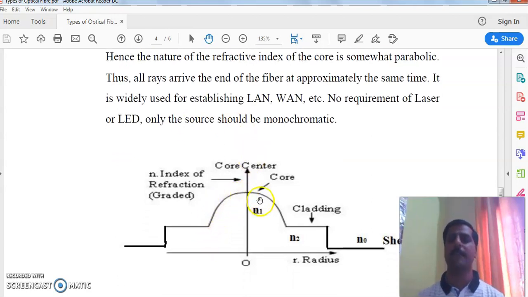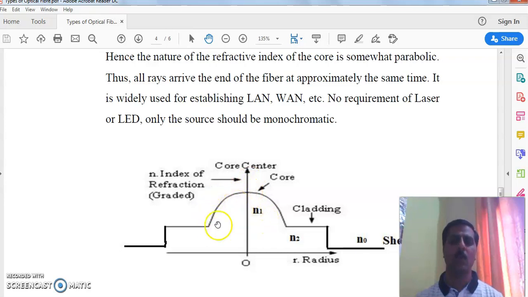You studied this shape; this is a parabola. So we simply say that the refractive index of graded index optical fiber is in parabolic shape. It means if we go from the center toward the cladding, it decreases, and if we go toward the center, its value increases and becomes maximum at the center.